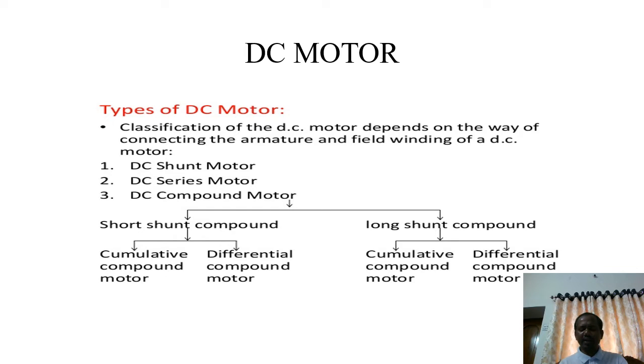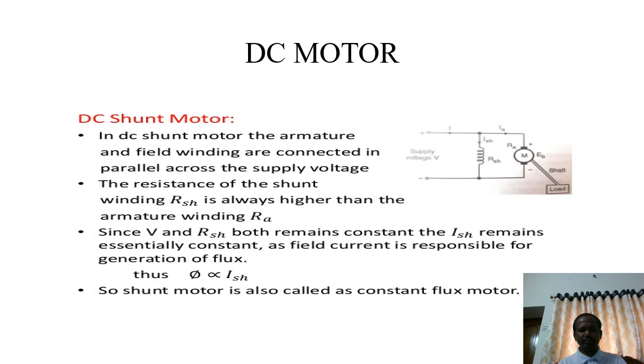The circuit diagram. Here we are going to discuss the DC shunt motor. You can see the supply voltage V with positive and negative terminals, and the load current IL, which goes to the shunt field winding as well as the armature winding.